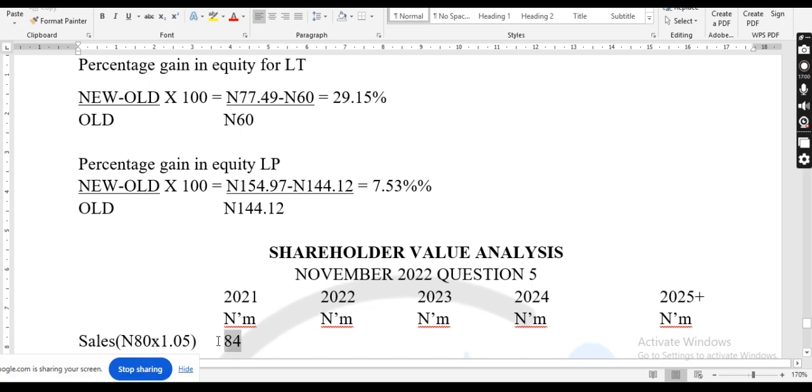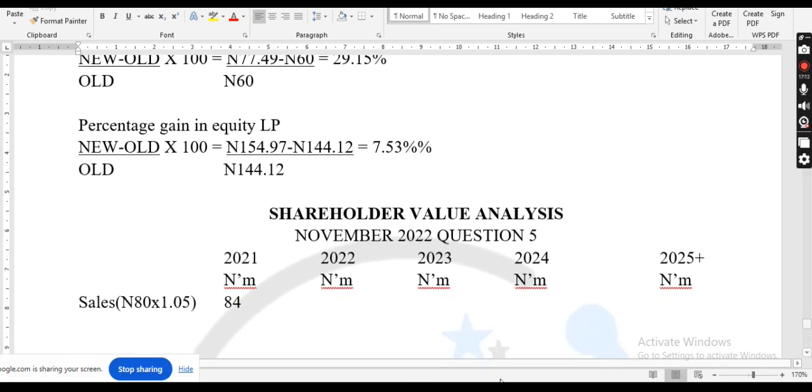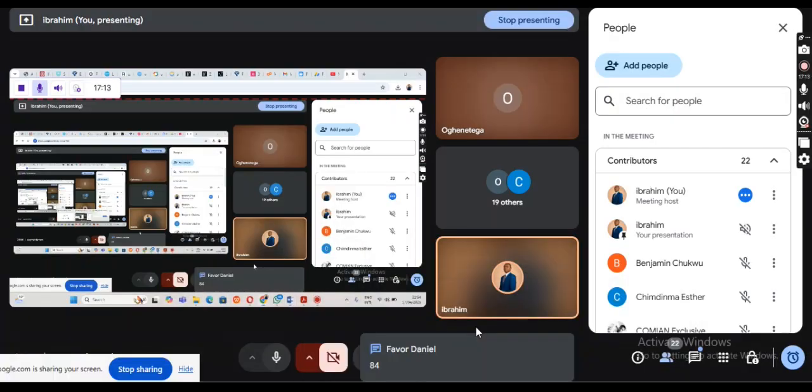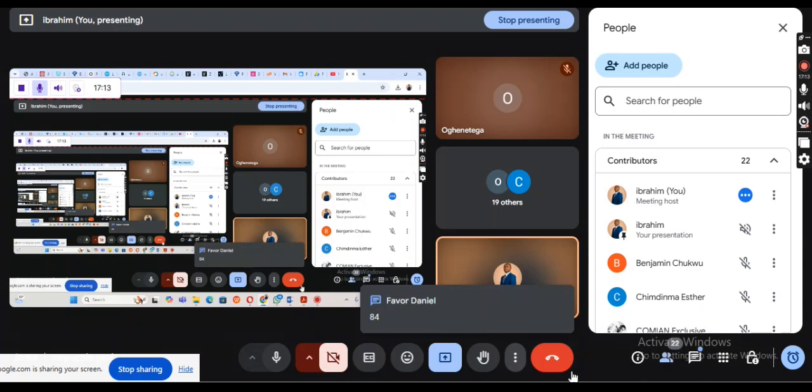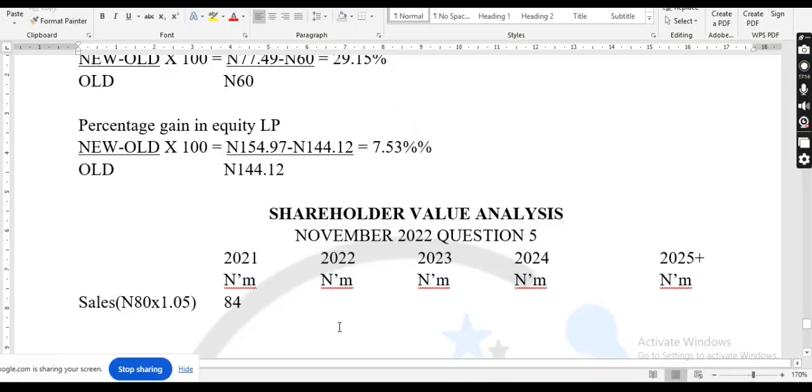Are we increasing this 84 or we are still increasing the 80? 84, right? So when you increase the 84 by 4%, what do you have? 87. Next, 2023.